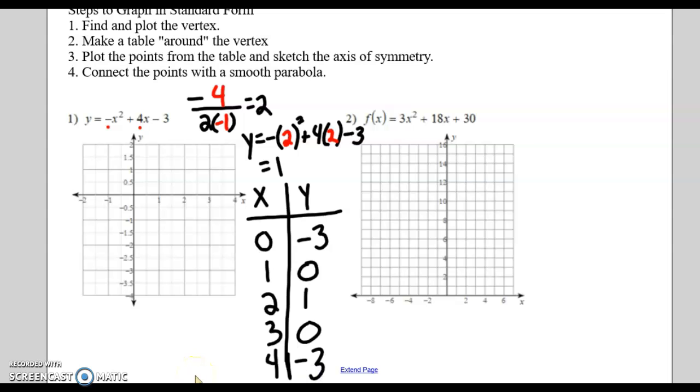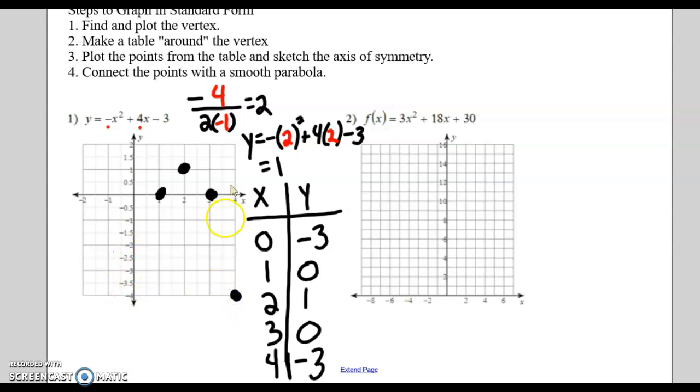So they're my points I'm going to plot. Let's go ahead and plot them: 2, 1; 1, 0; 3, 0; and 0, negative 3. It's down here. That's negative 2, sorry. I can't really see these. This is negative 3.